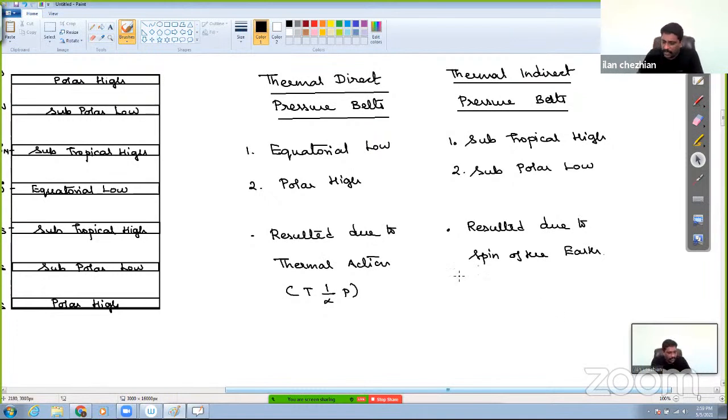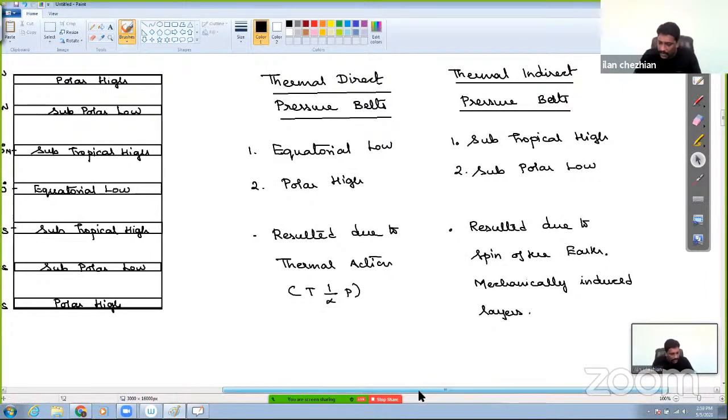You write the spin of the earth, and you can write separately, they are mechanically induced layers. So it is resultant due to the spin of the earth, and they are mechanically induced layers.